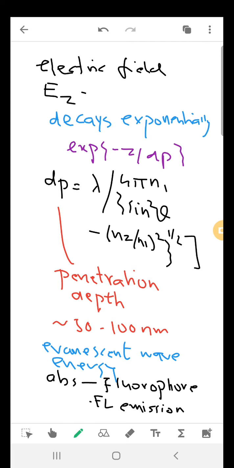However, because of short-range decay of evanescent waves, specimens near the substrate can be imaged.